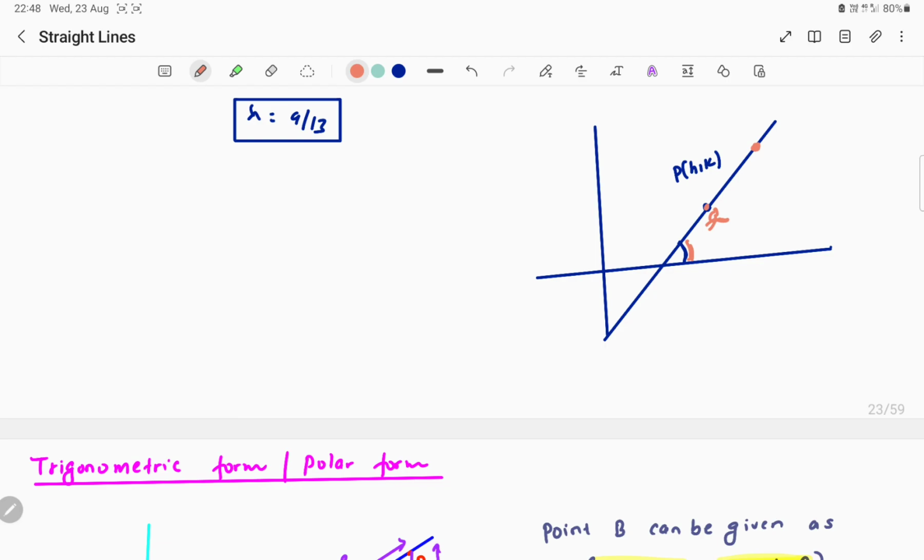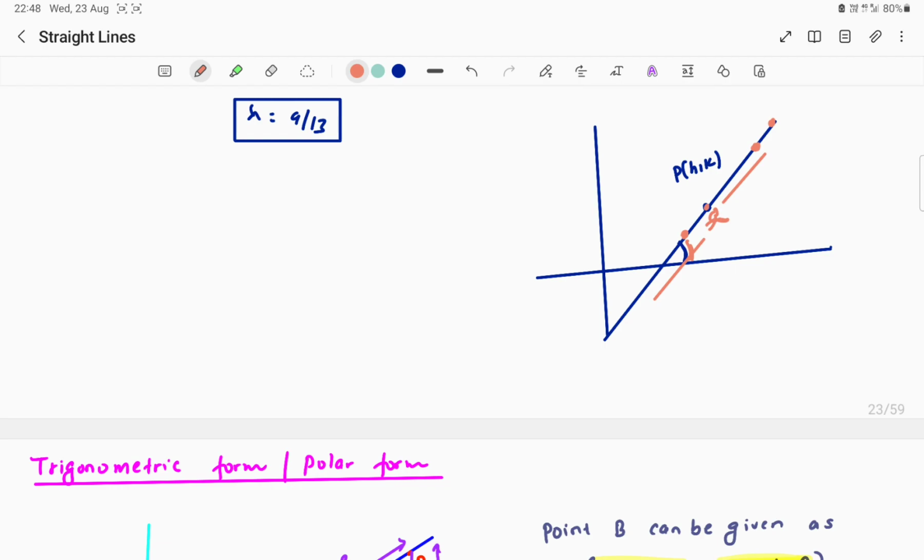Can you tell me how many points are at a distance of 2 units on this line? You'll give only two, either 2 units on this side or 2 units on this side. If you change 2 units to 3 units, again only two answers, one on the upside and the other on the downside.